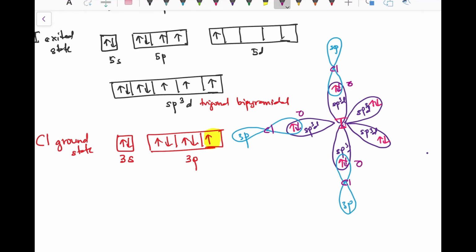Okay, so this is the correct one, right? So you can try another example that has a combination of a sigma bond and lone pair. Okay, thank you very much.